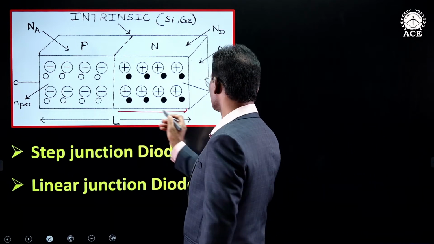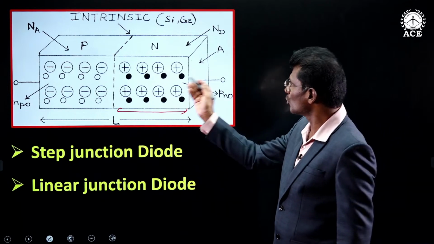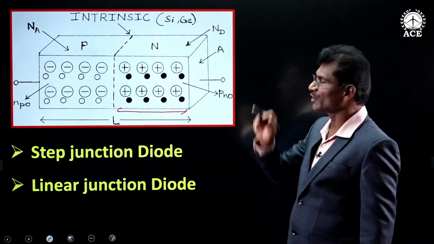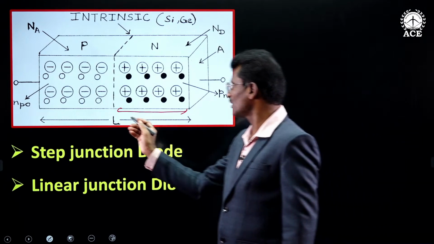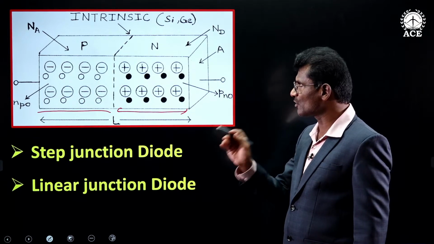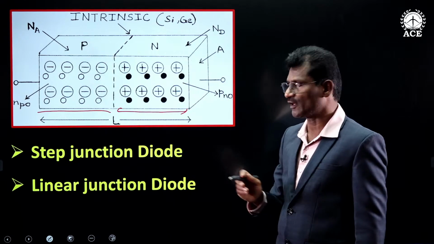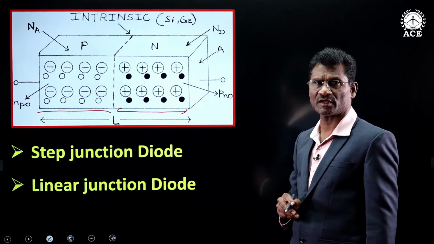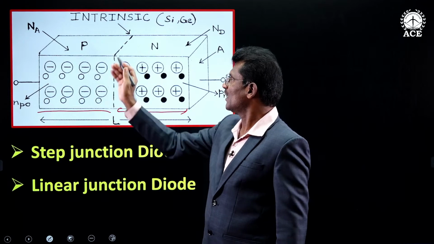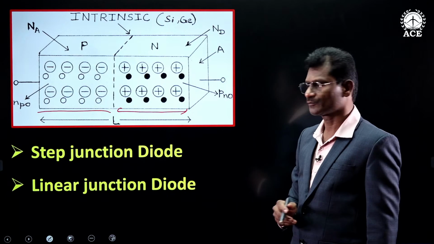Throughout the length of this N side, if doping concentration is constant and is equal to Nd, similarly, throughout the length of P side, if doping concentration is constant and is equal to Na, then it is called as a step junction diode. That is, exactly at the center, acceptor concentration will change to donor concentration.